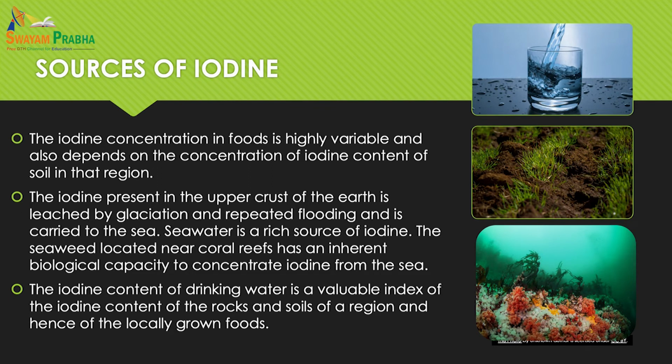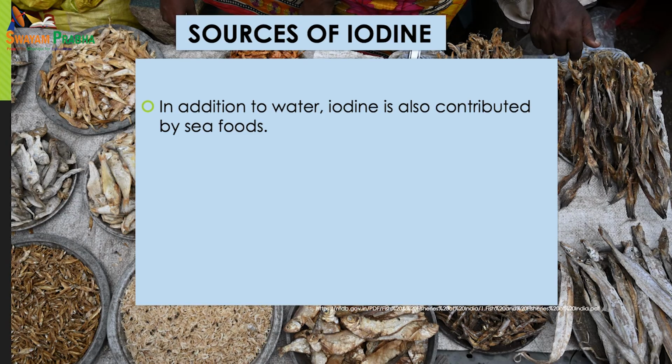The iodine content of drinking water is a valuable index of the iodine content of the rocks and soils of a region and hence of the locally grown foods and has been correlated with the incidence of goiter in many areas. In addition to water, iodine is also contributed by seafoods.